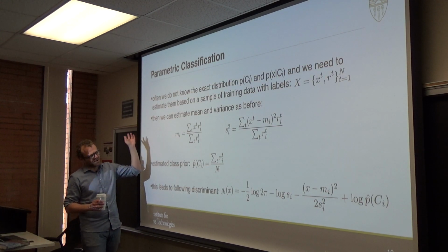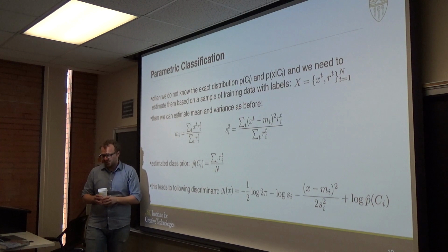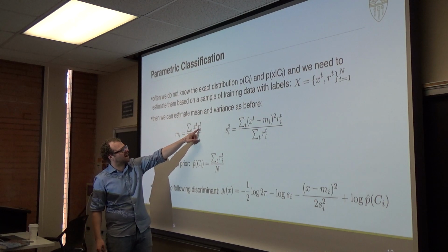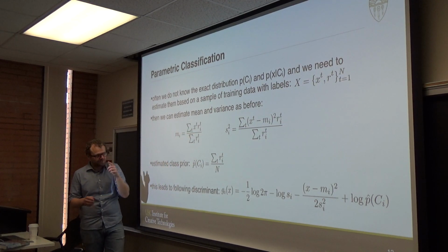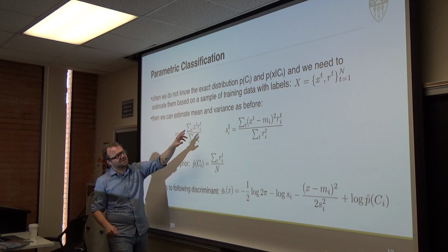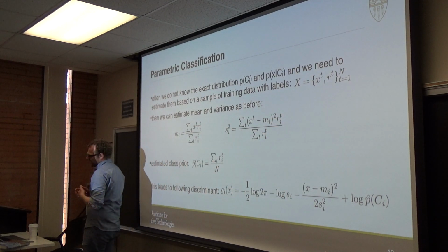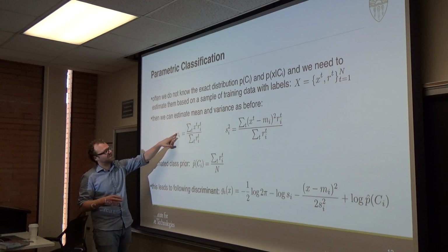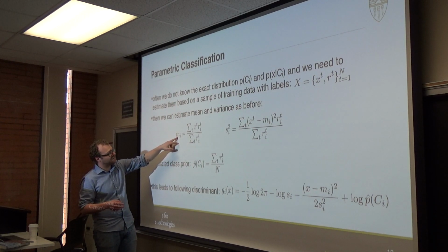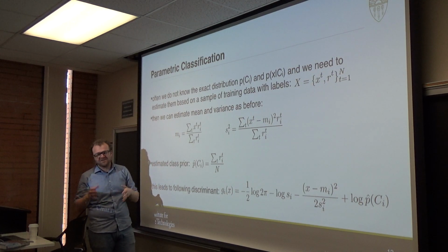Yeah, so that previous function had the sigmas and the mu's, but we need to estimate these. The only difference, why there's now an r here, is that the observations don't just have x values, but they also have a label value. And so we need to compute the mean values and the standard deviations or variances based off of only the values that belong to that class i. So every class has a different mean value now.